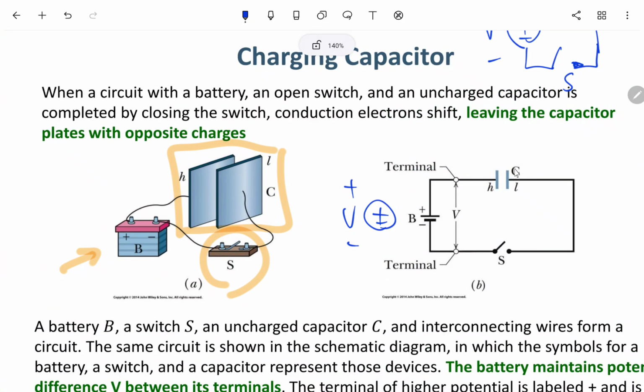Okay, for the capacitor, we also use two parallel lines to specify this is a capacitor. The only difference is that for the battery one line is longer and one is shorter, and for the capacitor, both lines are of equal length. Okay, so you must draw it carefully.